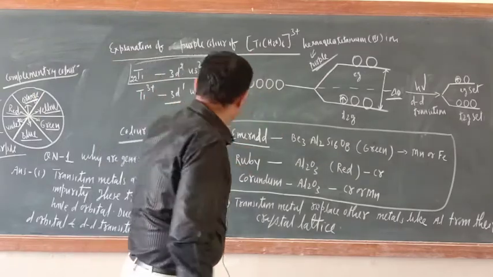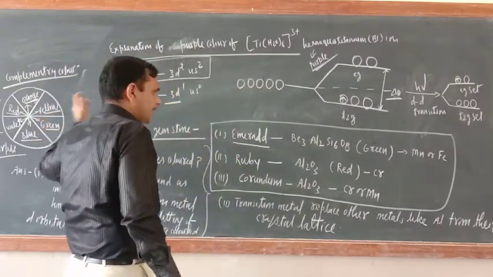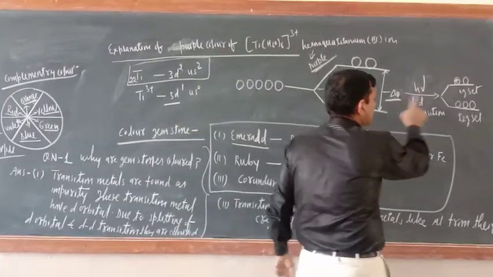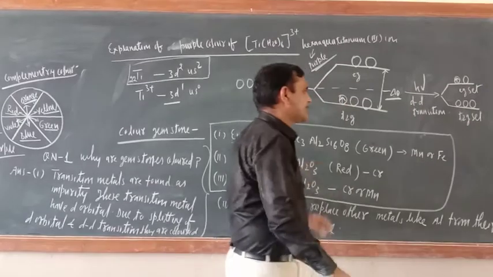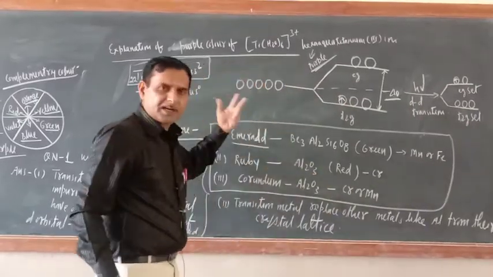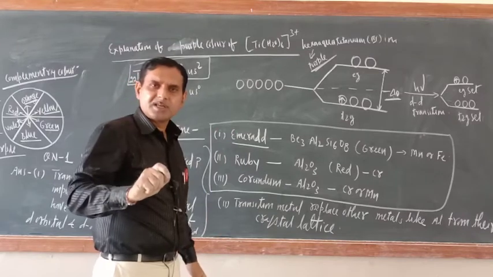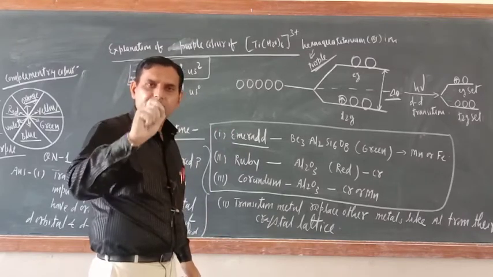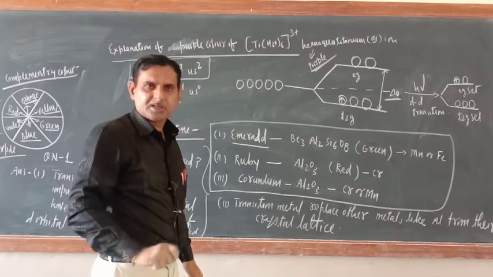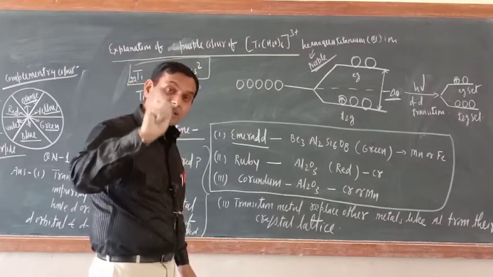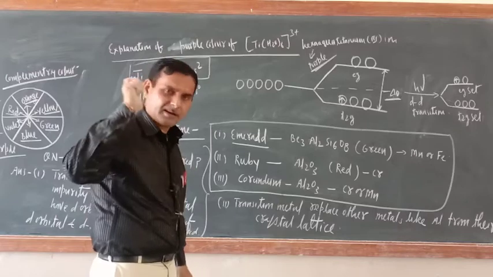That is why this compound is purple in color. When it absorbs the yellow-green radiation, this electron will jump and go to the eg set. As I already told, the color of a coordination compound is not due to the absorbed radiation, rather it is because of the transmitted radiation or color.